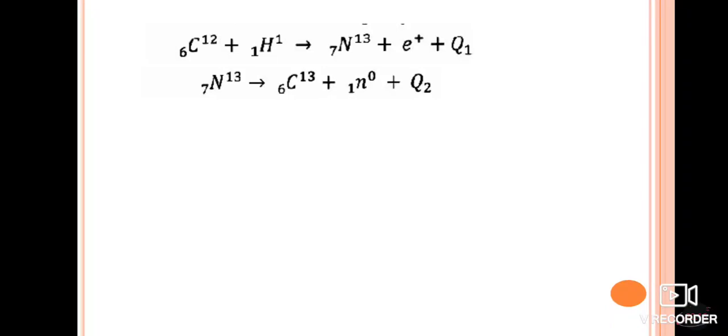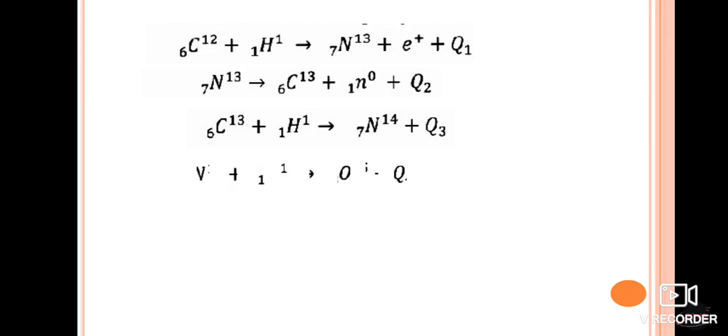Coming to the next step, N7 13 loses a positron, giving C6 13 plus the amount of energy Q2. And next, C6 13 plus 1H1 again gives you N7 14 plus Q3, the amount of energy released.